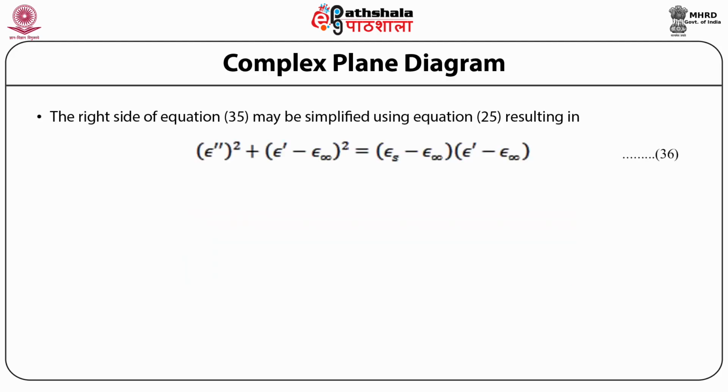The right side of equation 35 may be simplified using equation 25, resulting in epsilon double prime square plus (epsilon prime minus epsilon infinity) whole square is equal to (epsilon s minus epsilon infinity) into (epsilon prime minus epsilon infinity).